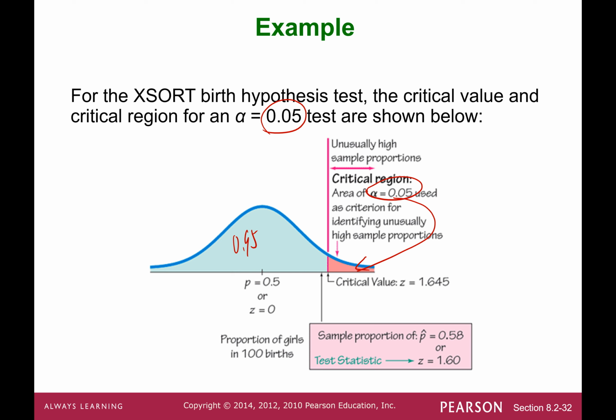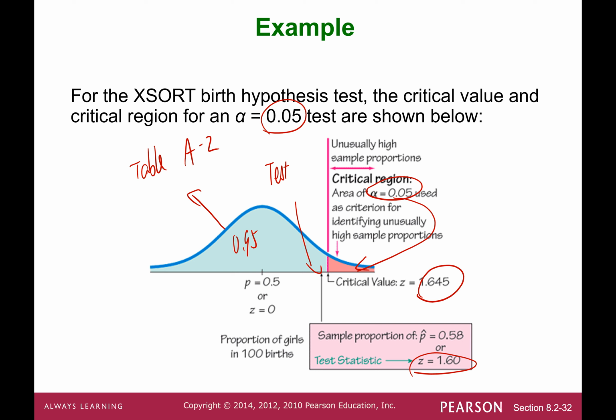Go back to table A2, use 0.95 as the area, and you'll find the critical value z-score, which is 1.645. We know that the test statistic z-score is smaller than 1.645, so the test statistic does not fall in the critical region or rejection region.